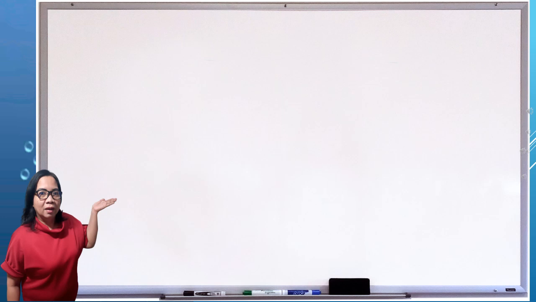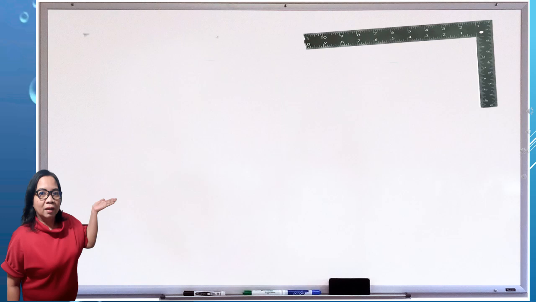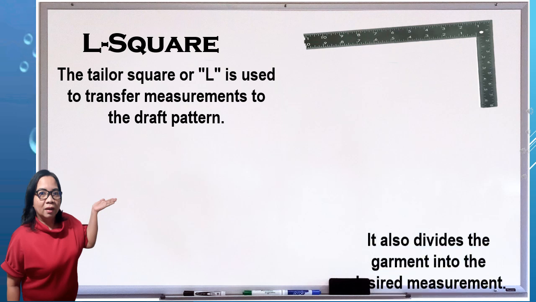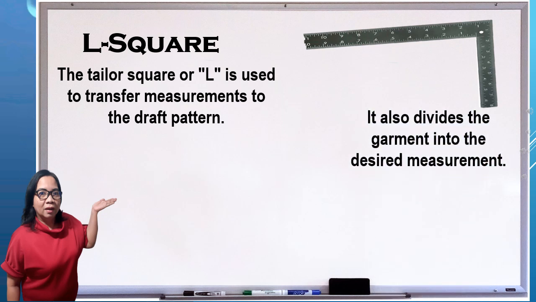Have you seen an L-square? In dressmaking, this is the L-square used. The Taylor square or the L-square is used to transfer measurements to the draft pattern. It also divides the garment into the desired measurement.